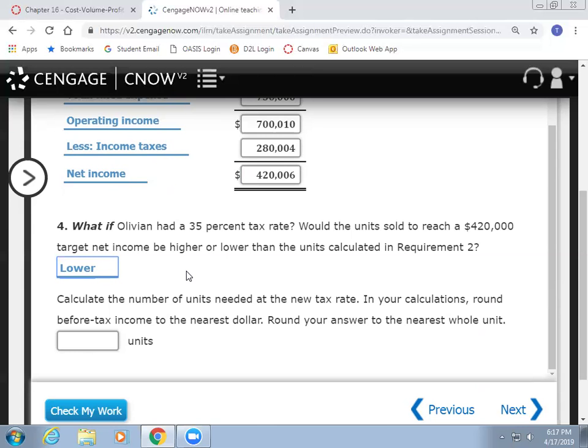Has that changed? No, it hasn't changed. So it's still by, I think we said $90. So your contribution margin hasn't changed. So how many units would it take if our tax rate dropped to 35%?